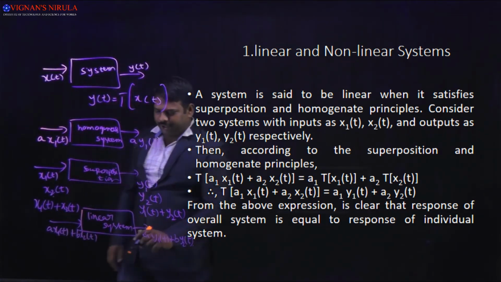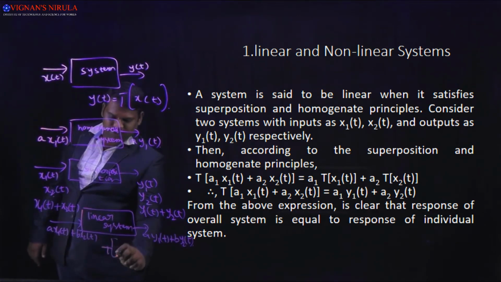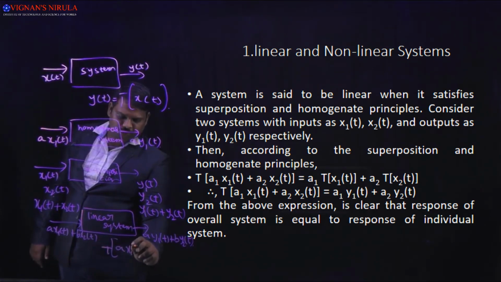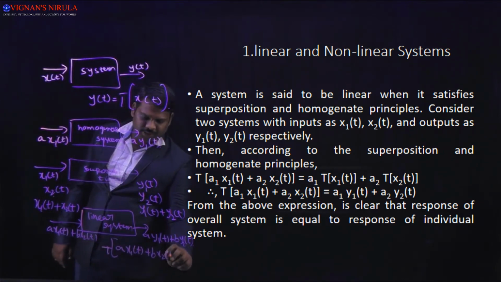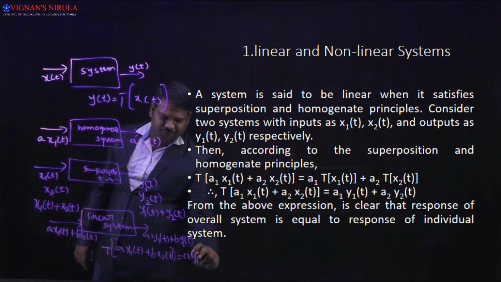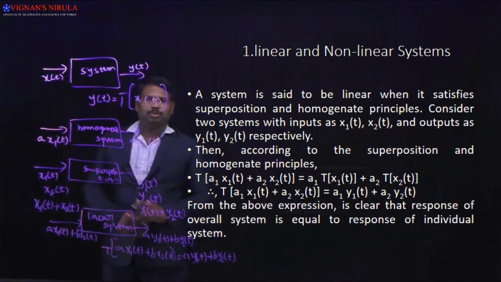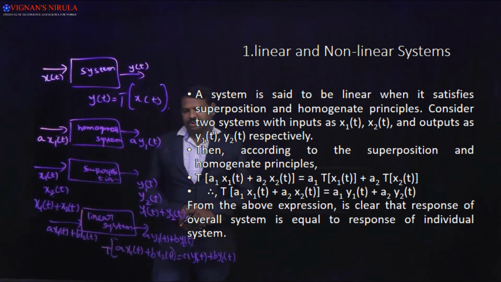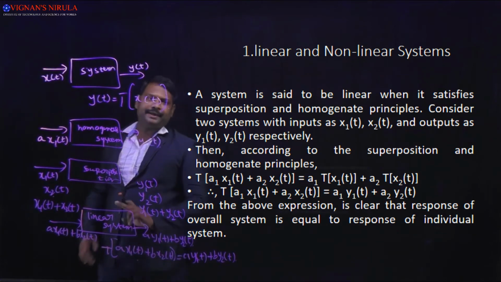That means the transformation of a into x1 of t plus b into x2 of t is given as a into y1 of t plus b into y2 of t. That is the transformation of the weighted sum of the inputs producing the weighted sum of the outputs. That is called a linear system.